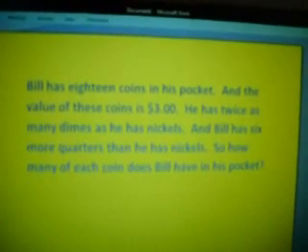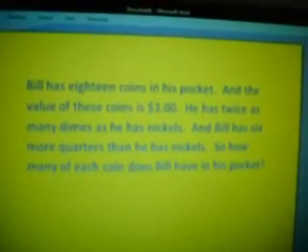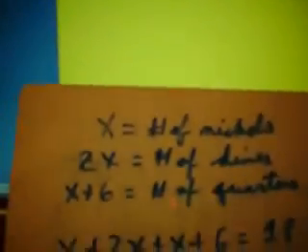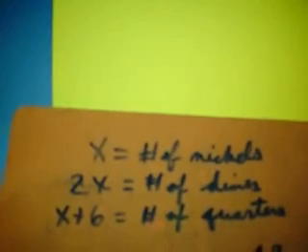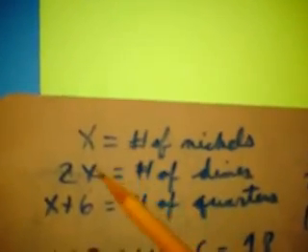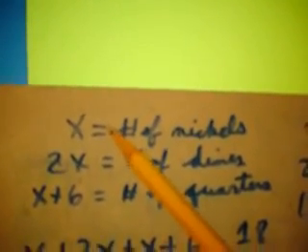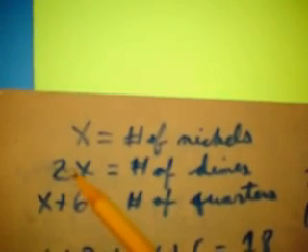Now, I know I didn't say what's the value of each one on the screen, but that's what we're going to find out. First of all, we know he has 18 coins. So we're going to go down here. We know that he has a certain number of nickels. We actually said that he had twice as many dimes as nickels.